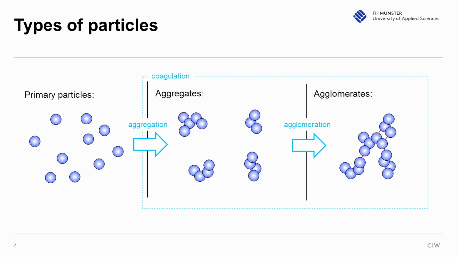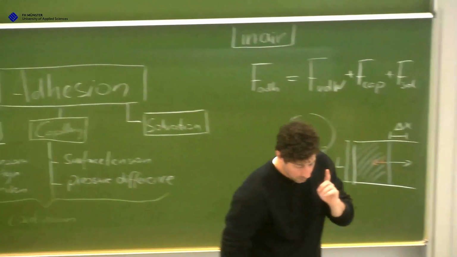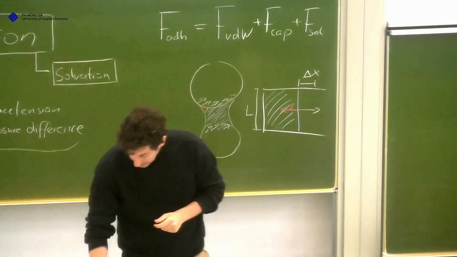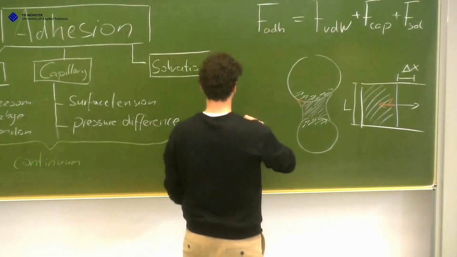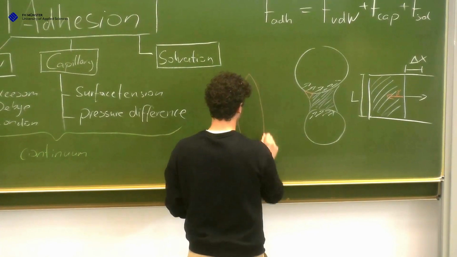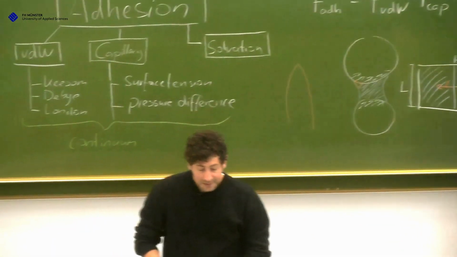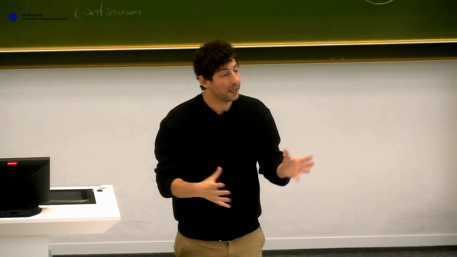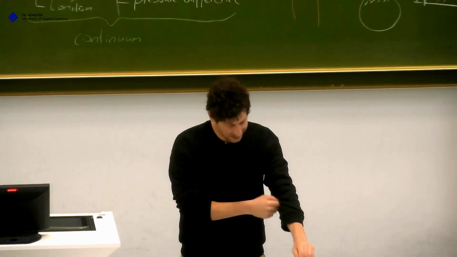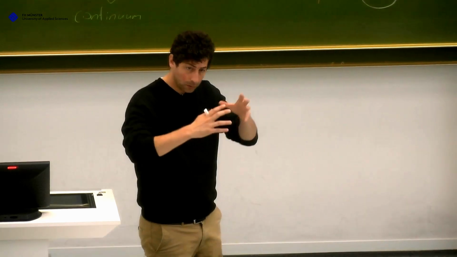And one second. When you're in the flame, or in the area of the flame, somewhere here, these primary particles grow through nucleation and then also condensation, and they grow.